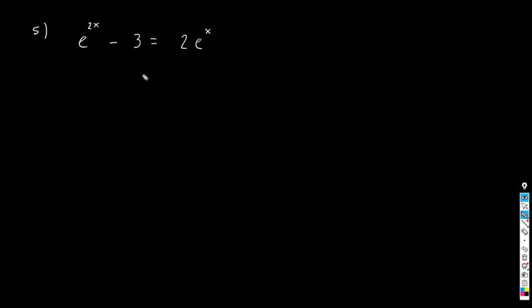Okay, so when you encounter something like this, pay attention. I want you to notice the exponents. We have some base. In this case, it happens to be e. It doesn't make any difference. It could have been 3, it could have been 5, it could have been any other number. It doesn't matter.